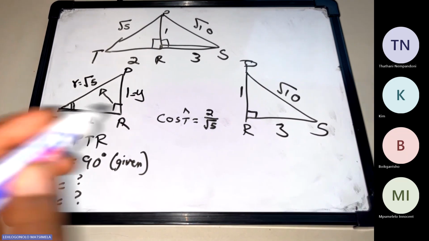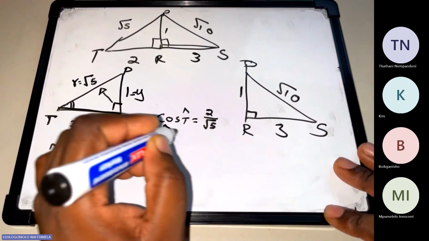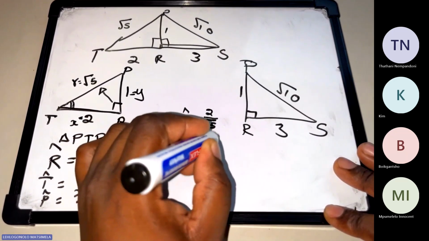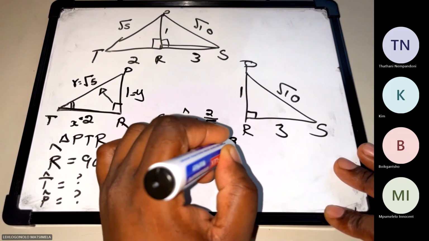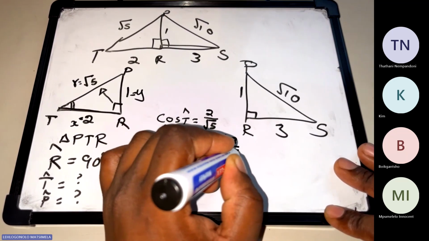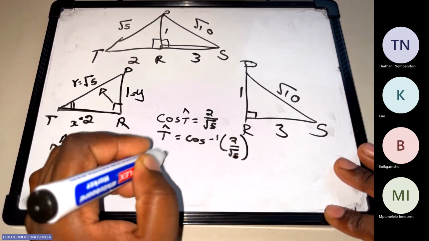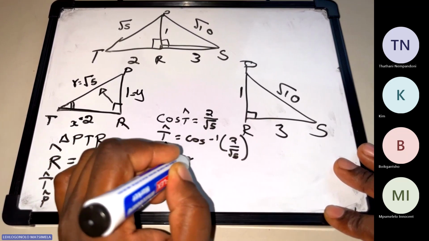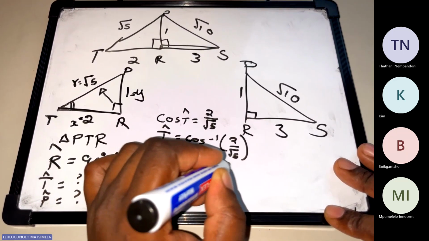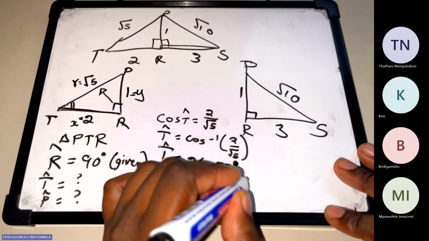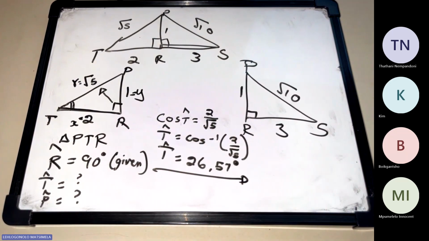When you punch it in, angle T is equal to cos to the power minus 1 of 2 divided by root of 5. Then it's going to give you angle T is equal to 26,57 degrees. And this is the angle at T.